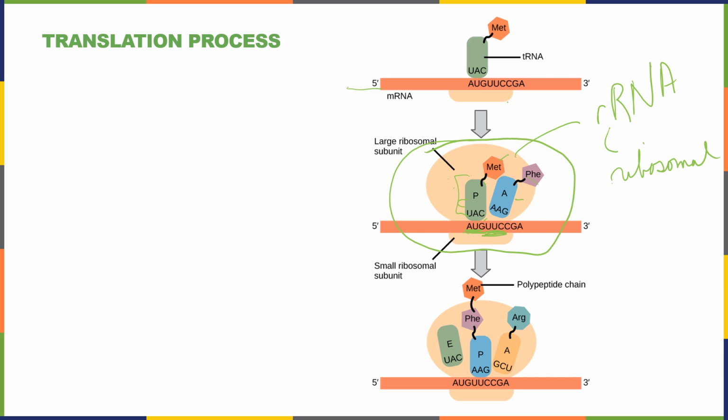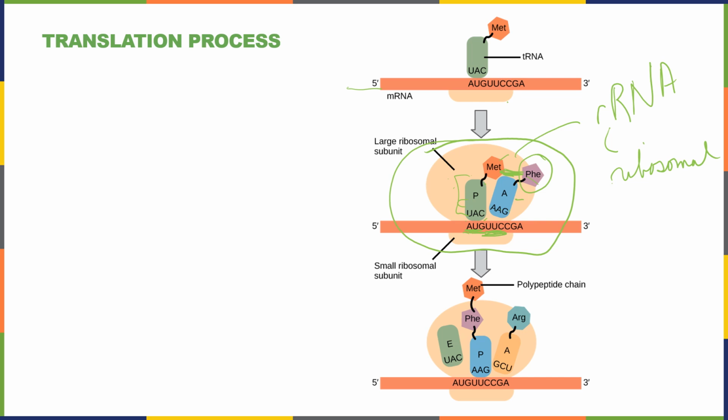It codes for the amino acid phenylalanine. So the transfer RNA brings phenylalanine. It attaches with its anticodon. So U goes to A, U to A, C to G. And now the methionine and phenylalanine are next to each other, so they can form a peptide bond. And you have your first 2 amino acids in your protein.